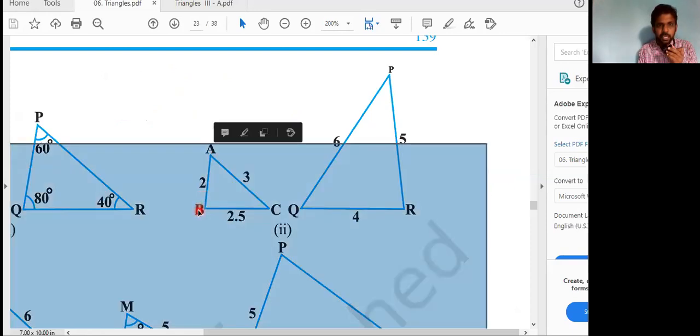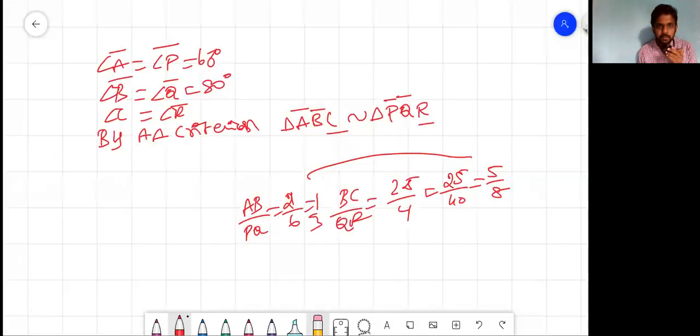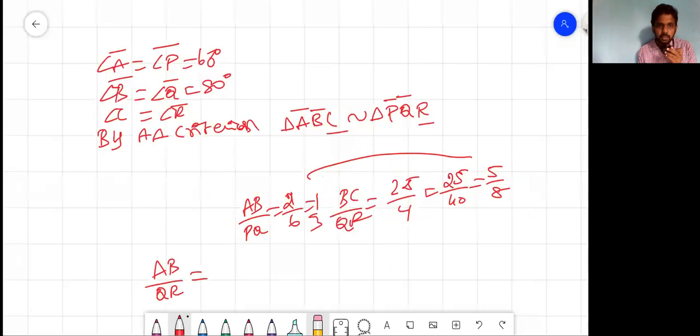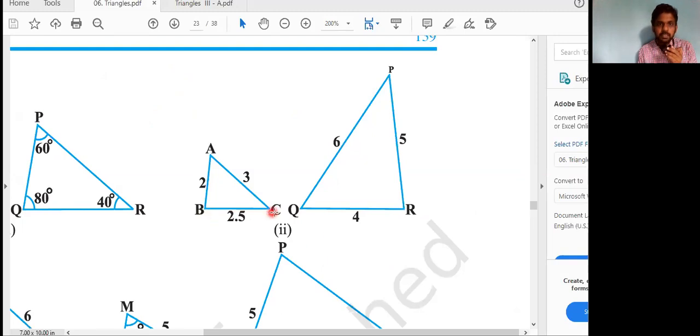So what is AB divided by QR? AB is 2 and QR is 4, right? So 2 by 4, which is 1 by 2. The other set, I'm having it as BC divided by PR.